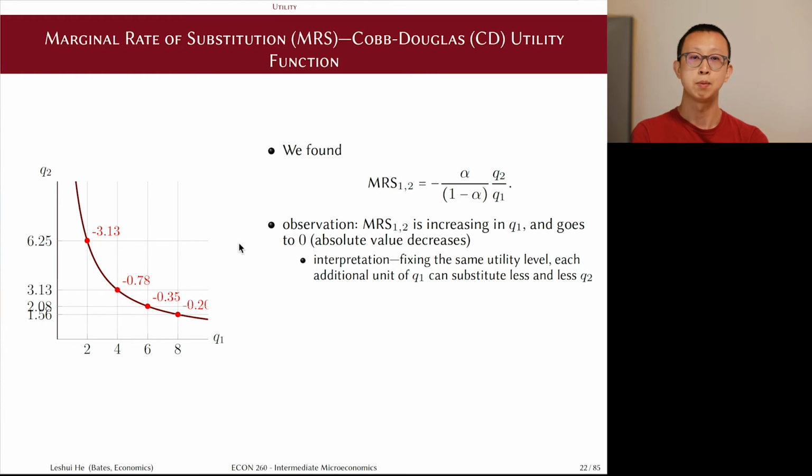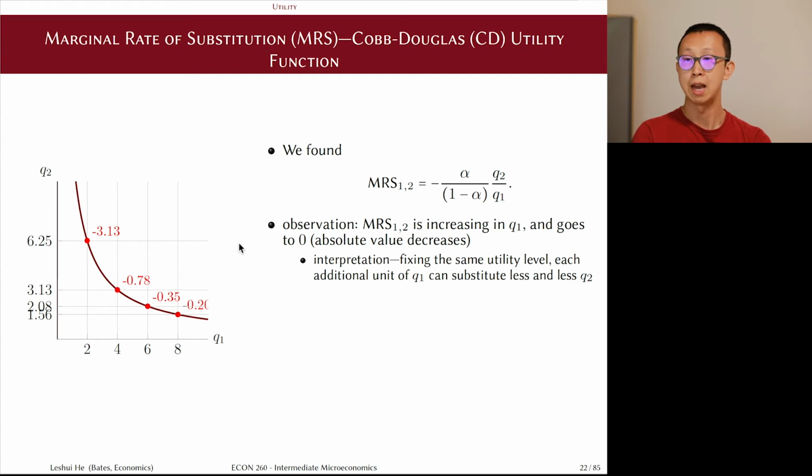Now think back to the interpretation of marginal rate of substitution. It is a measure of the slope of an indifference curve, which we said is downward sloping. And of course, its slope is going to be negative. And that's exactly what we have here in this expression.